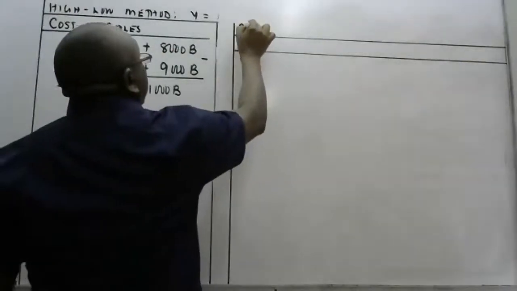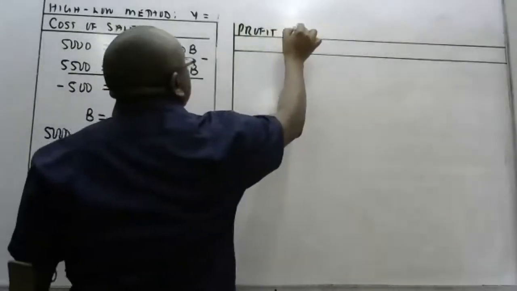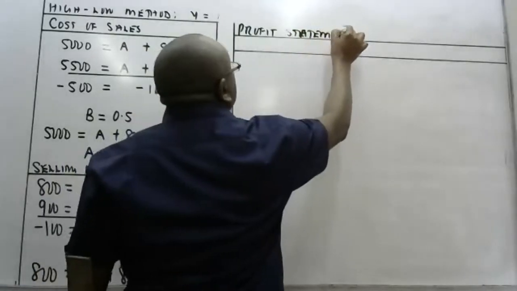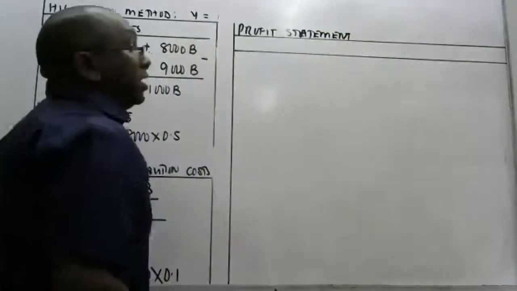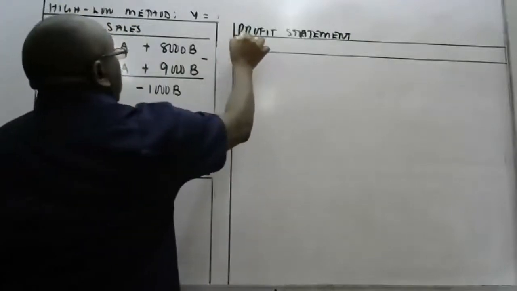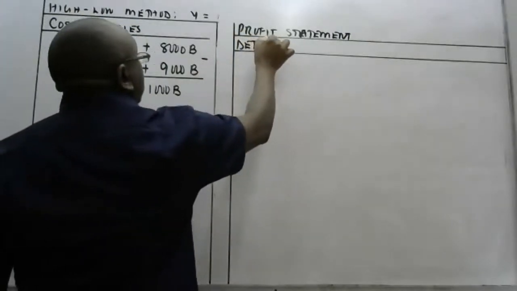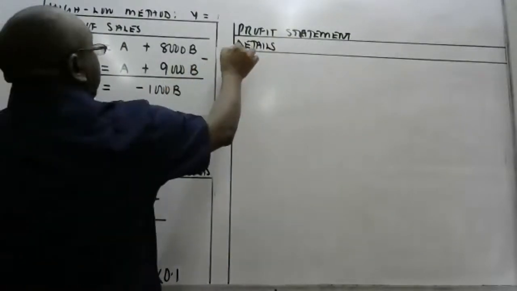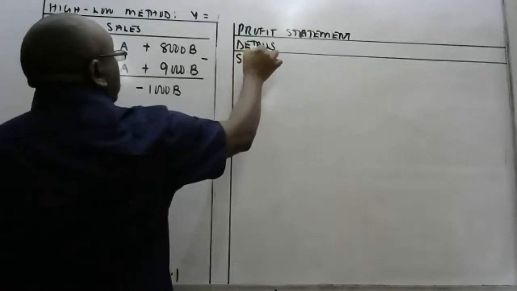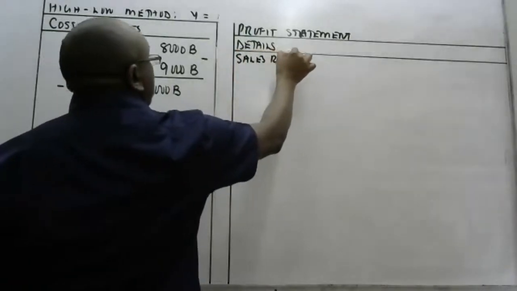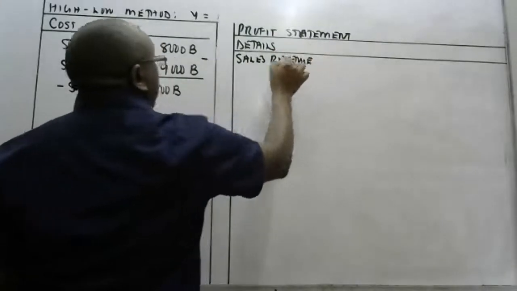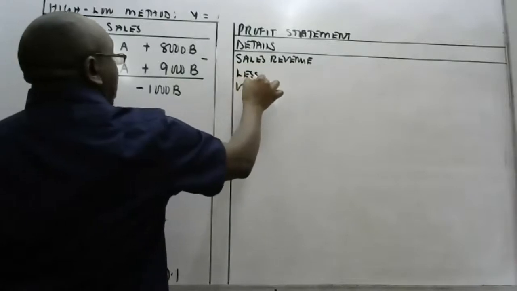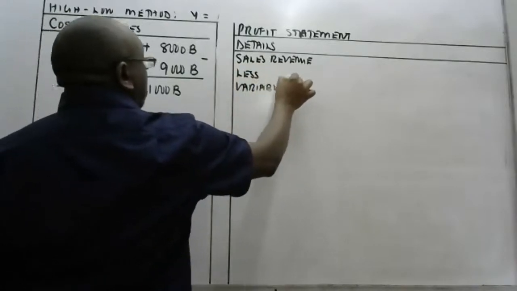So I have the profit statement. In the details, I'm going to have sales revenue. Then I will say less variable costs.